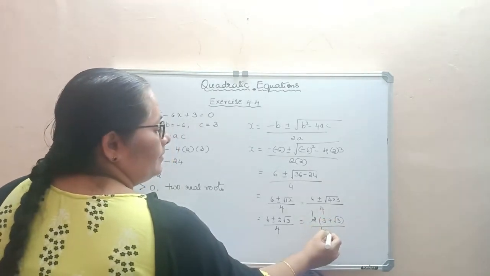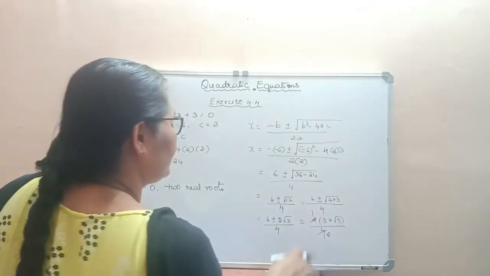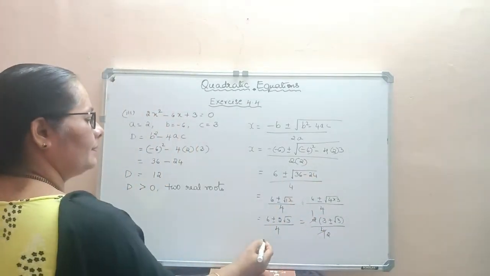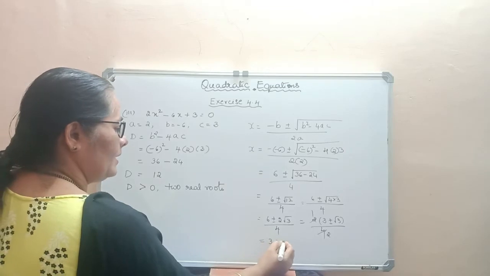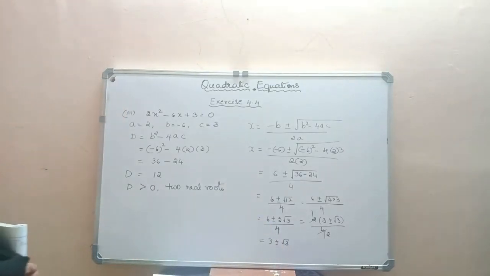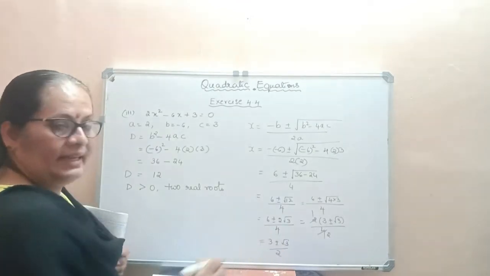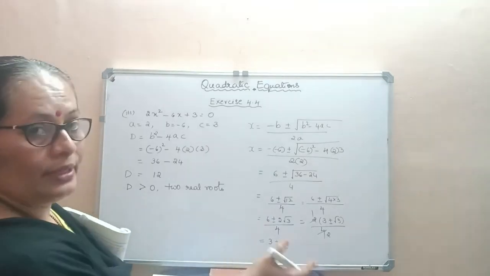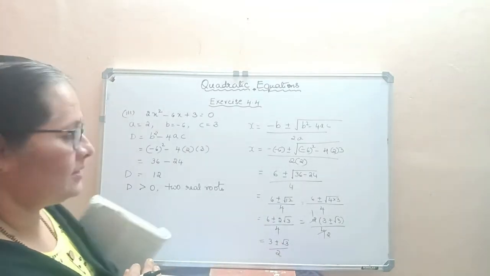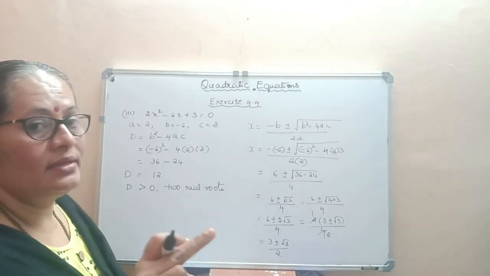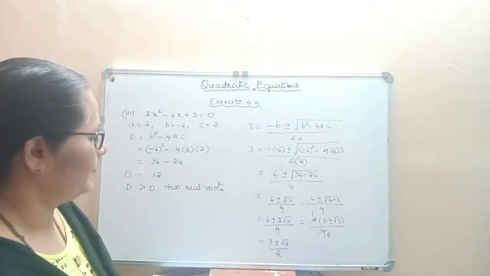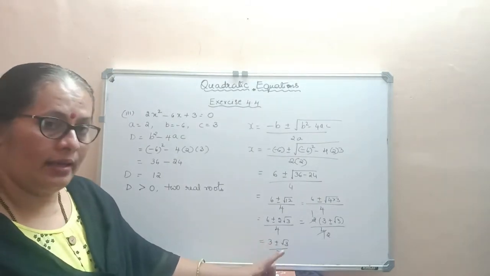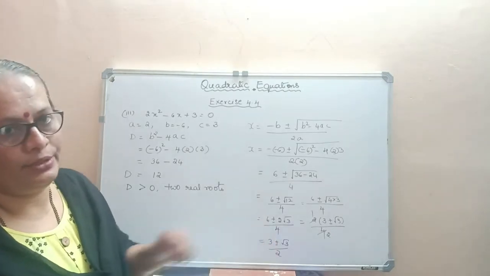So the two roots are 3 plus or minus root 3 by 2. It means 3 plus root 3 by 2 and 3 minus root 3 by 2. So both the roots are different. They are not the same, right? So that's why we say 2 distinct real roots. That means 2 different roots. The 2 roots are 3 plus root 3 by 2 and 3 minus root 3 by 2.